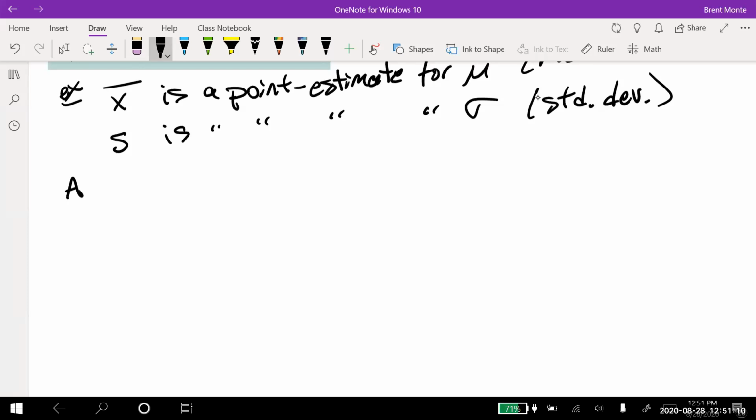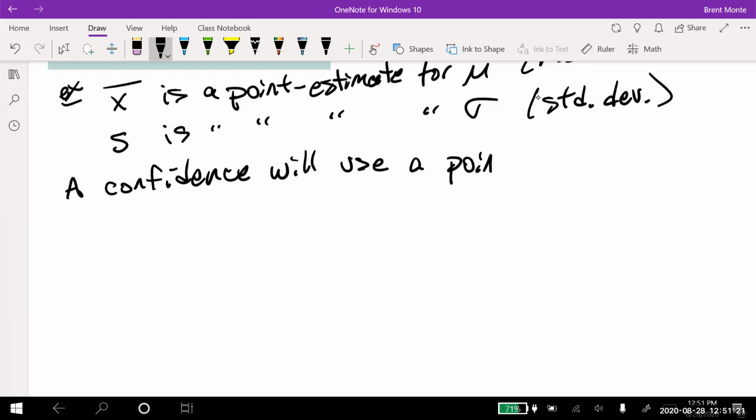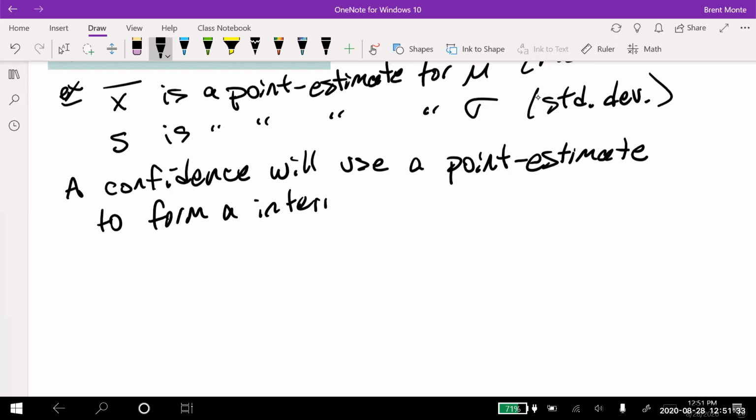And a confidence interval will use a point estimate to form an interval where we, let's say it this way, are pretty sure the population number is in there.